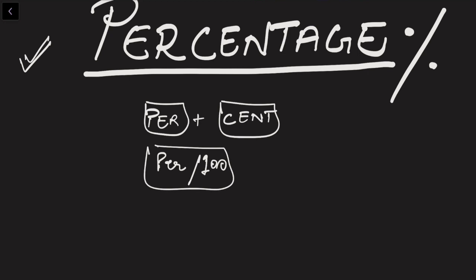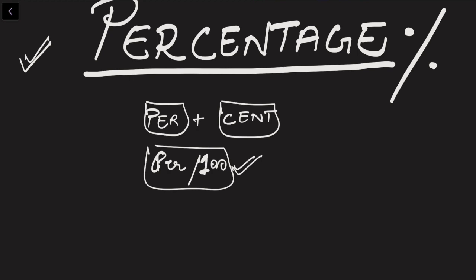It can also be written like this. Per 100, or you can say that this is the meaning of per cent. That is per 100. So whenever an examiner is trying to ask you what is the percentage or what percent, etc., that means he or she is asking you with respect to 100, how much out of 100.